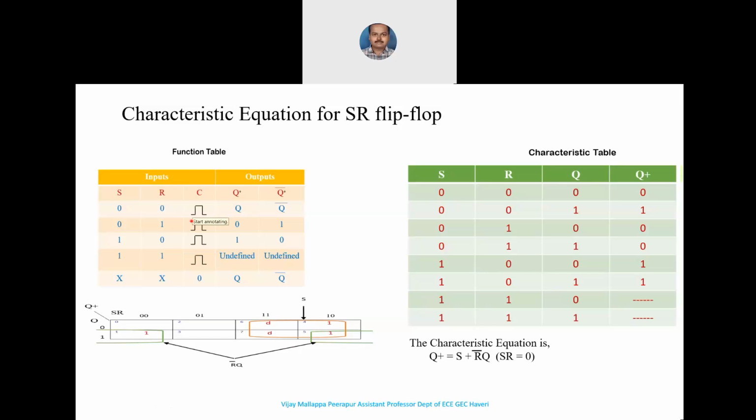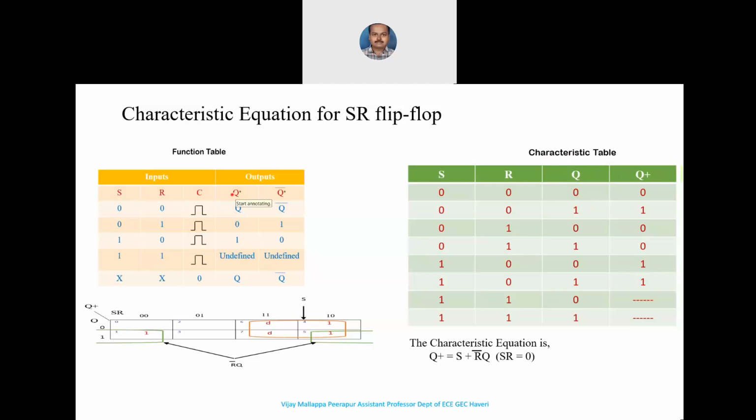Now, if you see the function table, the next state is expressed in terms of the previous state. Yes, previous state, but we have not given a value for the previous state here. But when it comes to the characteristic table, we have a value which is given to the previous state.